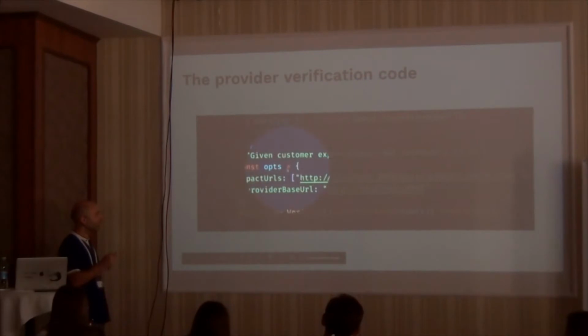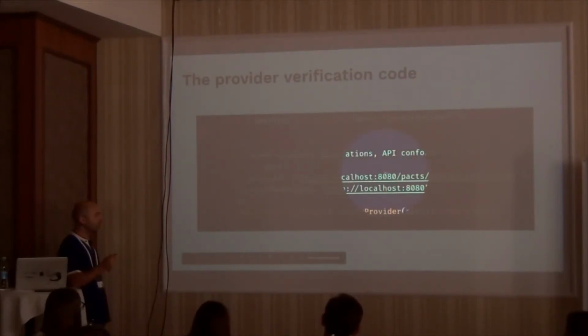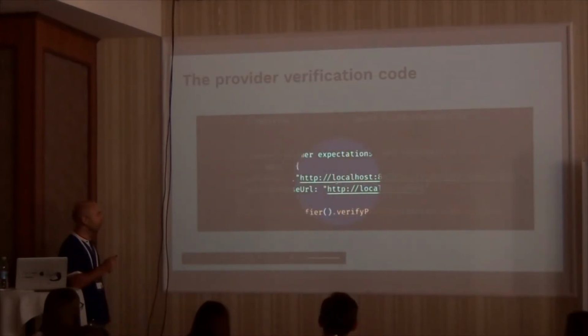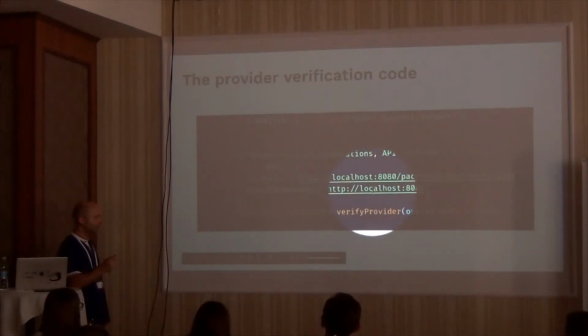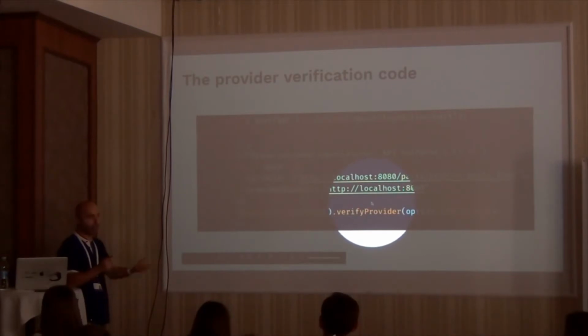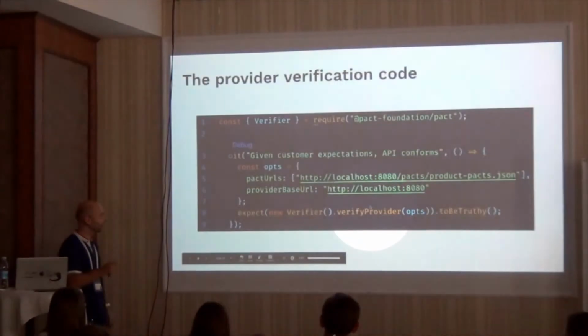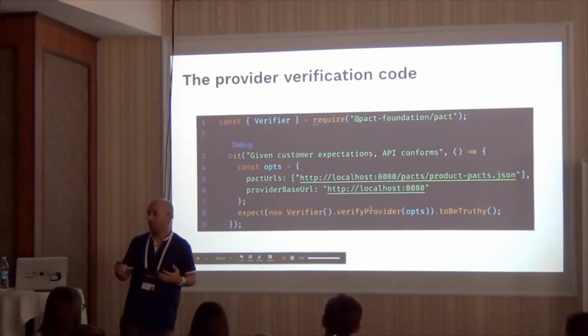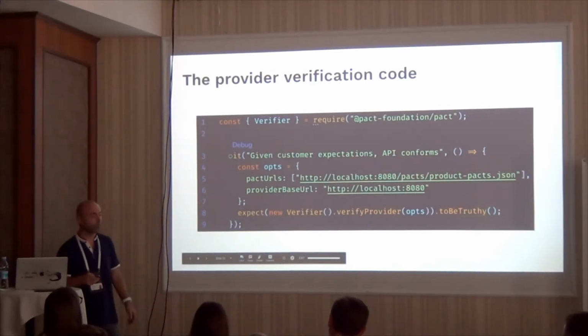You just have to provide Pact basically with two values. One, where is the broker? This is where you read the expectation file. And the second parameter, this is where the API is. This is all that Pact needs. Give me the expectation, give me the API, and I will compare the reality versus the expectation. And once this verification runs, it saves the result to the broker.